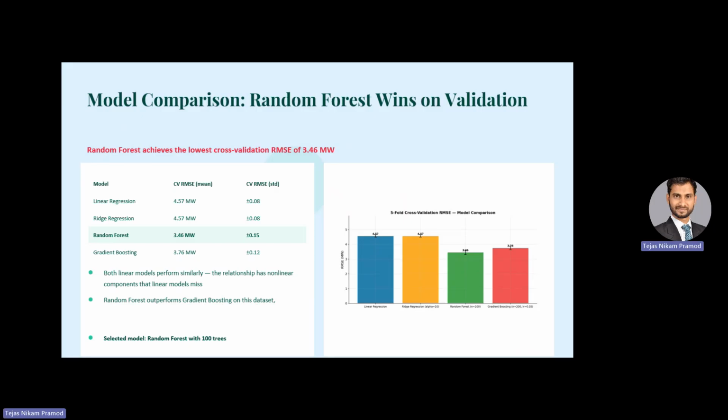Between random forest and gradient boosting, gradient boosting got down to 3.76 megawatts as a root mean squared error, and random forest was the best at 3.46. So random forest clearly outperforms all the models and is the clear winner, with the lowest root mean squared error.